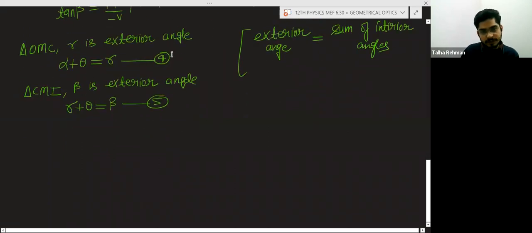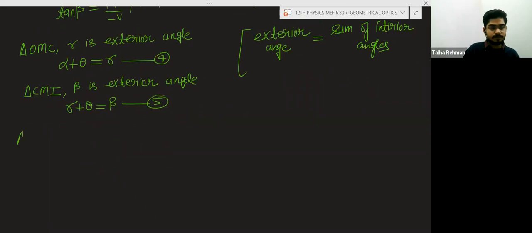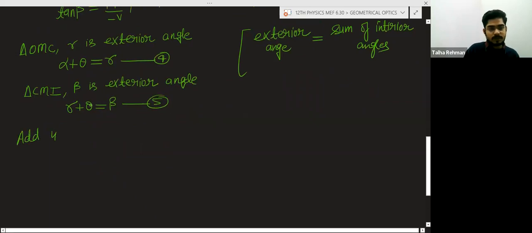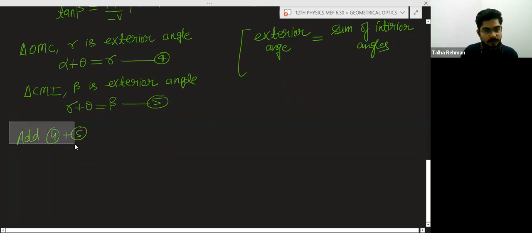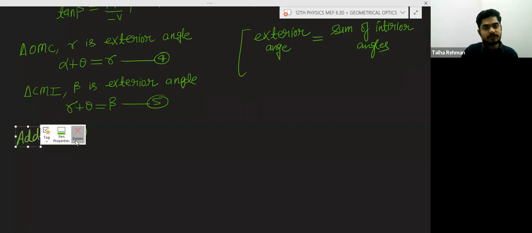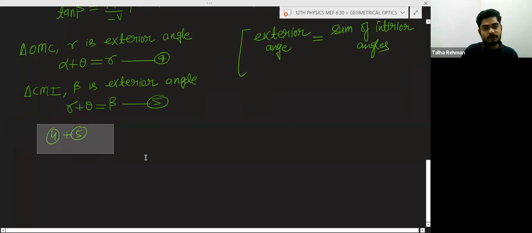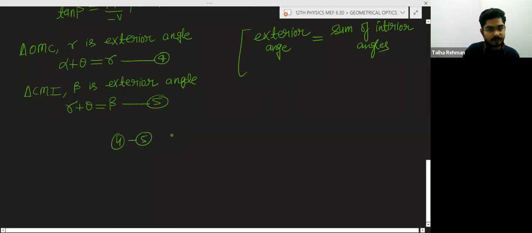First we will solve equation number 4 and 5. Add equation number 4 and 5. No, subtract equation number 4 from 5. Not add, subtract.